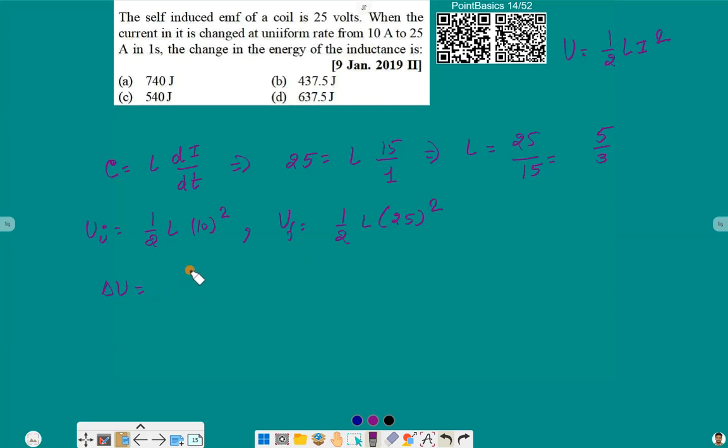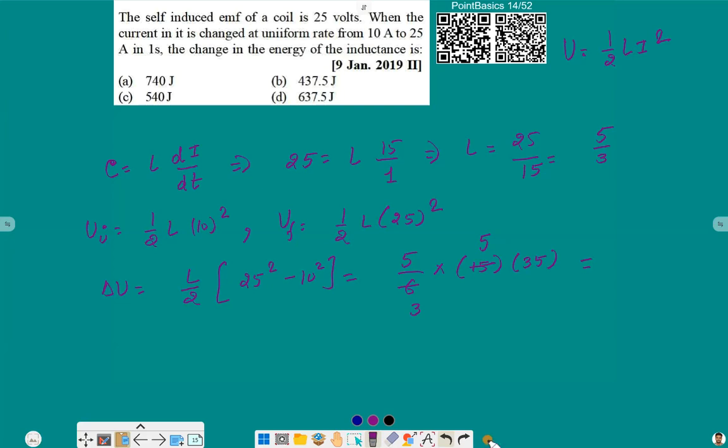So L by 2, 25 square minus 10 square. L is 5 by 3, so it will be 5 by 6 into, this is a square minus b square, so a minus b, a plus b: 25 minus 10, 15, 25 plus 10, that is 35, and this will be 1, 5, this will be 3, so 25 into 35 divided by 3.